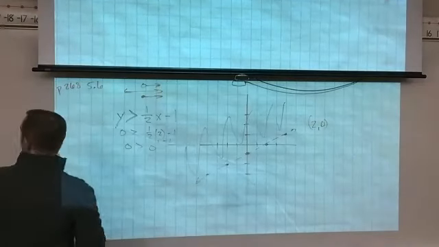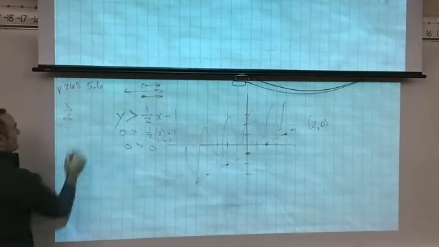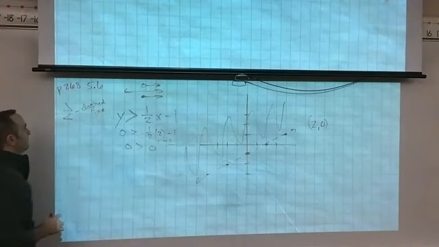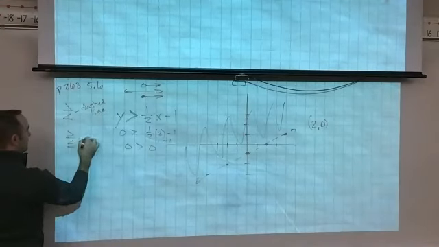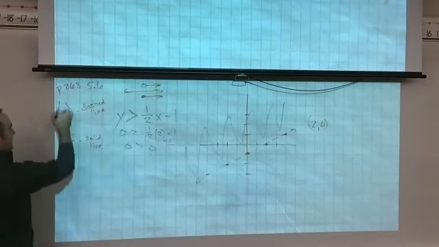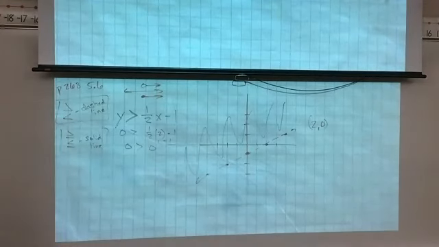So very important that we have in our notes: if we have greater than or less than, it needs to be a dashed line. If we have greater than or equal to or less than or equal to, it's a solid line. Very important that we have that in our notes as well. Dashed line versus solid line.